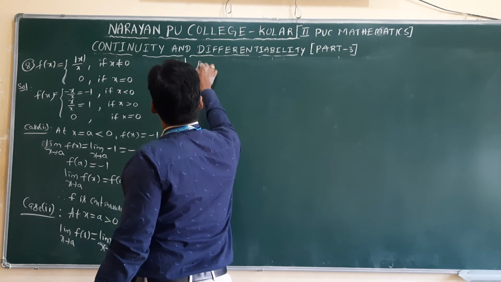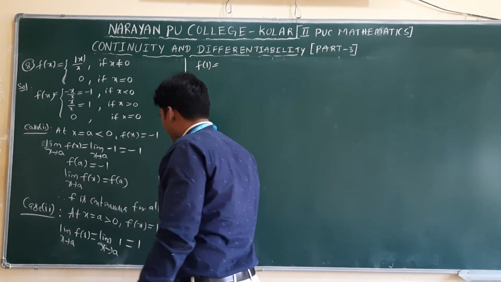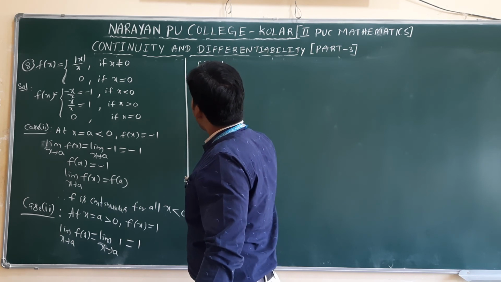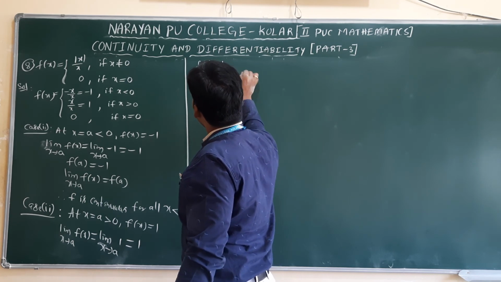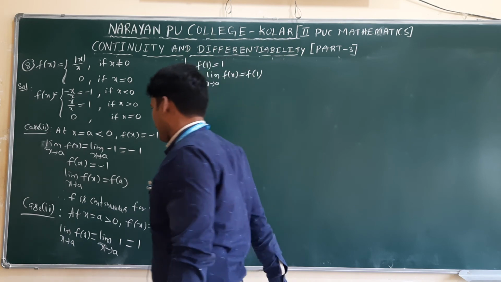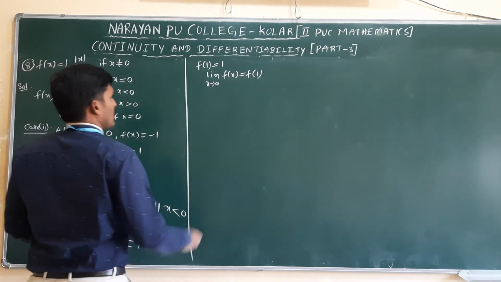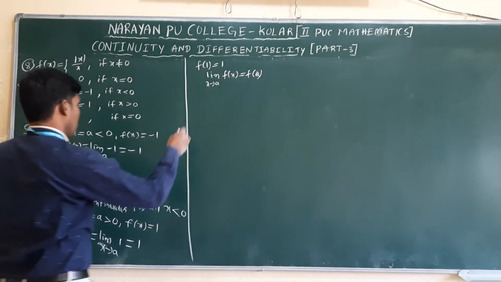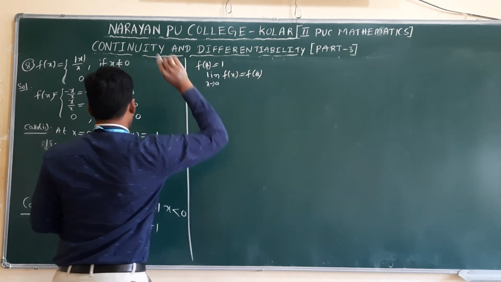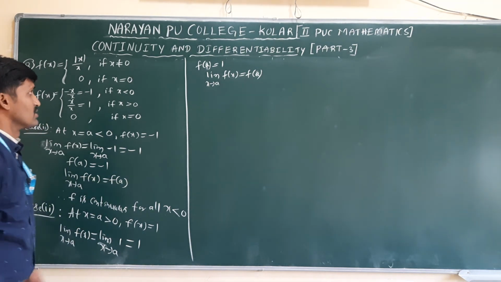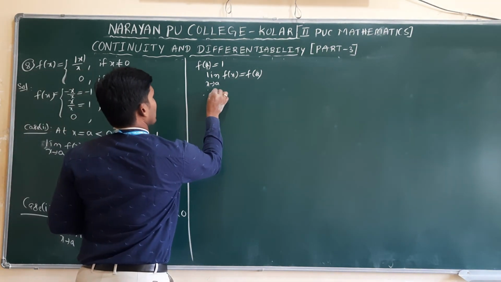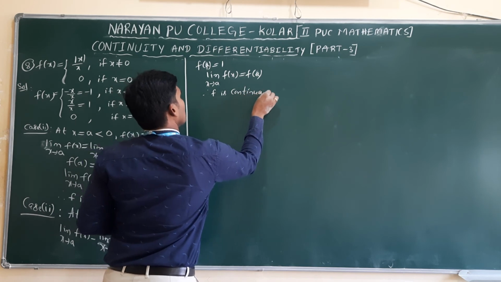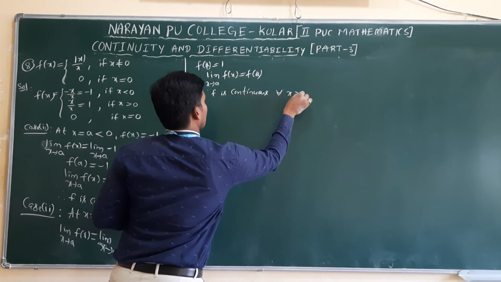Next, f of 1, function value, f of 1 also what will you get? 1 only. Here limit value and function value are the same. f of a, okay, not 1 more, because a is greater than 0. So here what you can define, f is continuous for all x greater than 0.